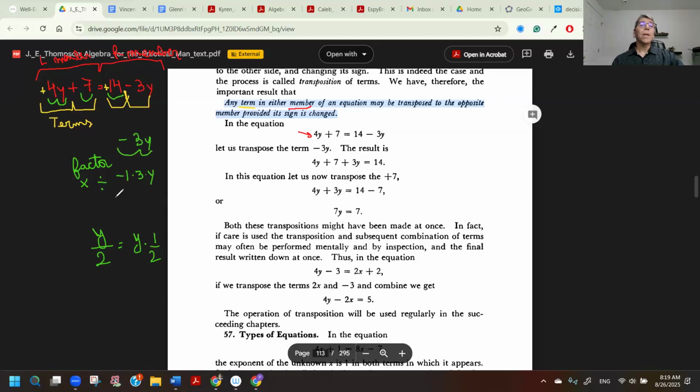So now, to go even further about naming of things, the factors can be further named in two ways. We can have coefficients and variables.